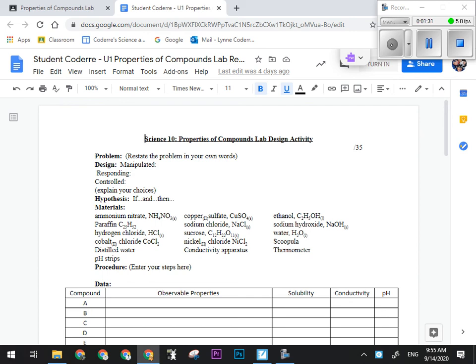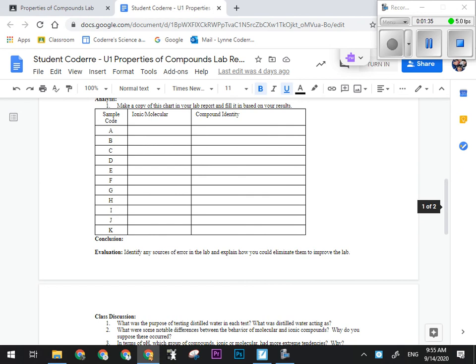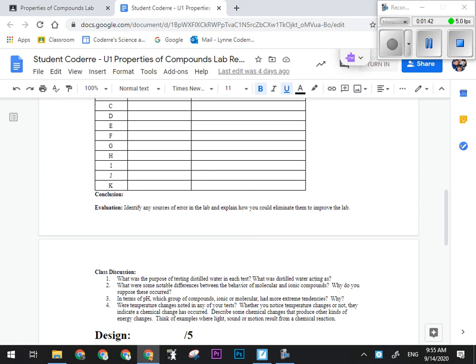And then for your conclusion, at the bottom, analysis goes in there, so you tell me whether it's ionic or molecular. Again, the conductivity test tells you that, right in your compound identities. For your conclusion, copy and paste your hypothesis, and then, based on your observations, talk about them. So in the observations, it was found that all compounds that were ionic conduct electricity. Talk about some of your data.